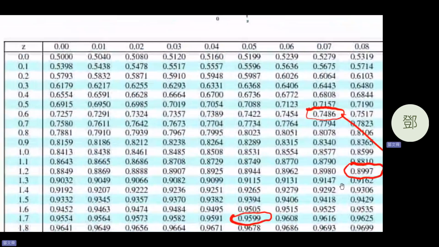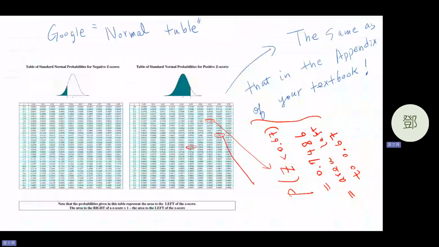No. So this one is the closest cell value to 0.9. Okay, so we pick up this one.